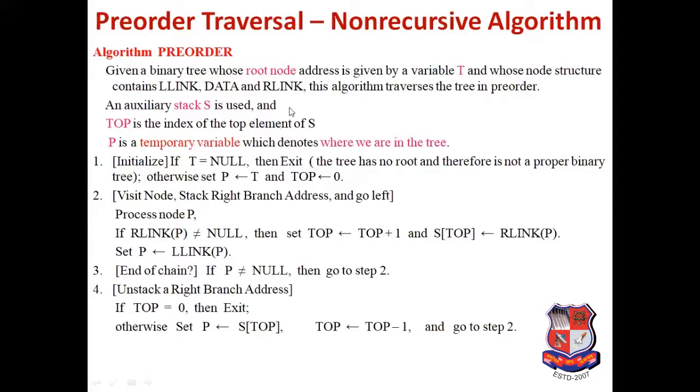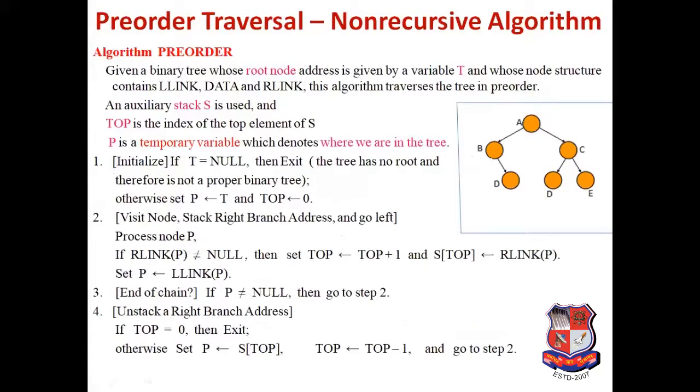For understanding, here I am adding the figure. So in the first step, we initialize the stack and the variables that we are going to use. T contains the address of the root node, so initially we start our traversal from the root node. That's why we are assigning the root node address to the variable P. But before that, what do we check?